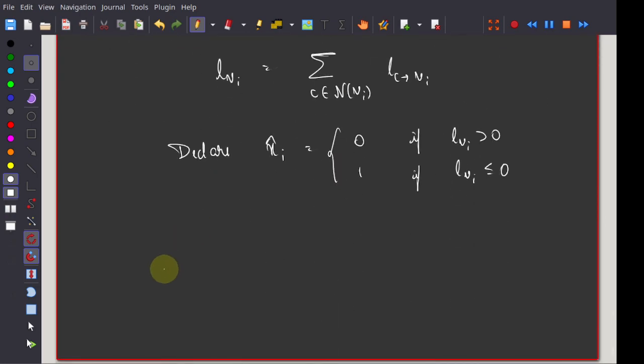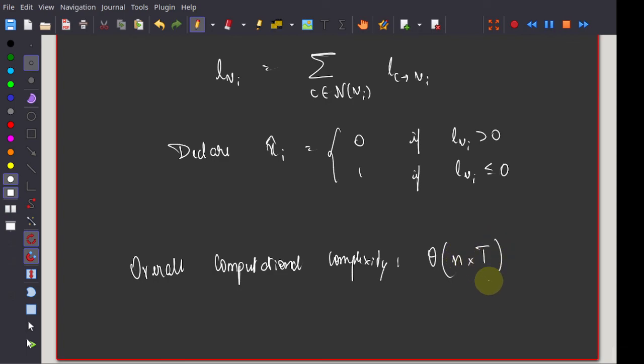So the overall computational complexity is basically linear n times the number of iterations.